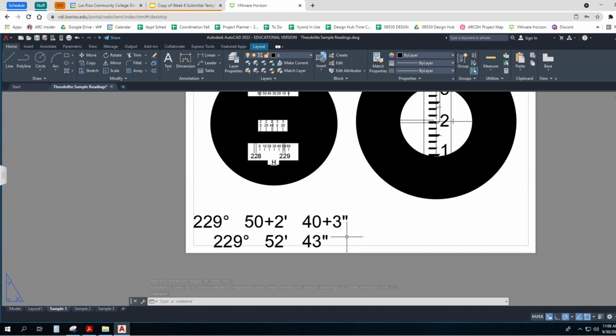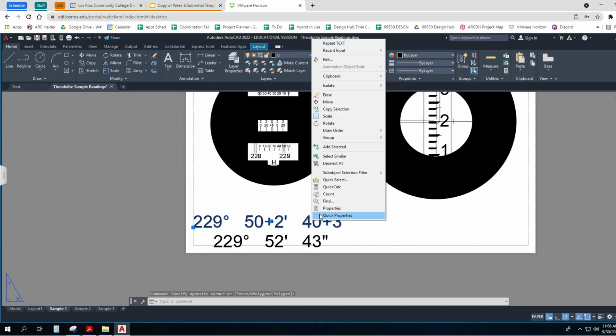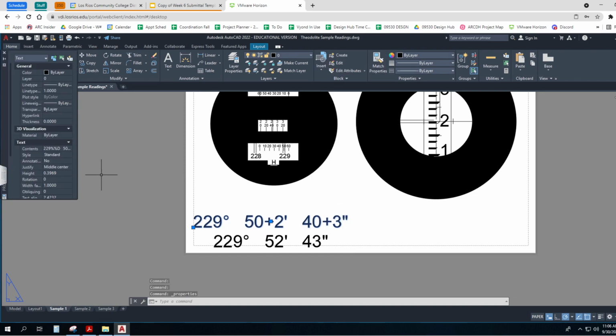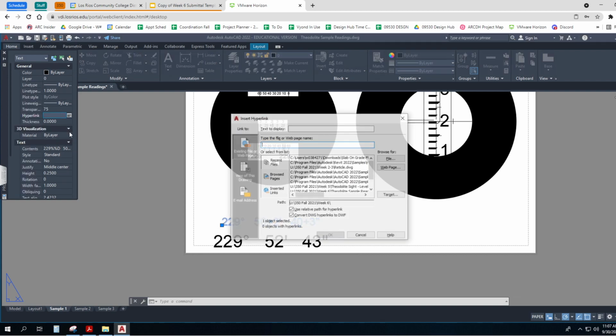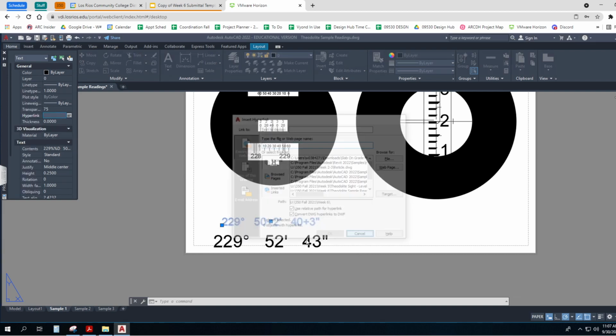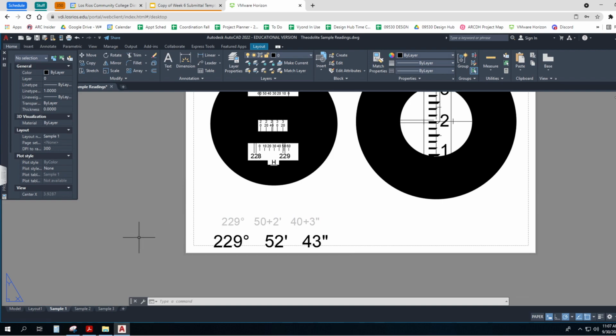There we go. I can make this one smaller if I don't want it to jump out at me quite so big, and I can even give it a little transparency if I don't want it to be quite so in my face. That's how I got that.